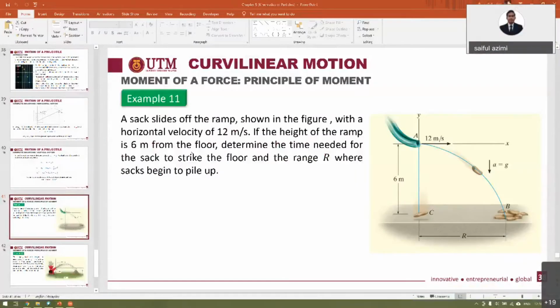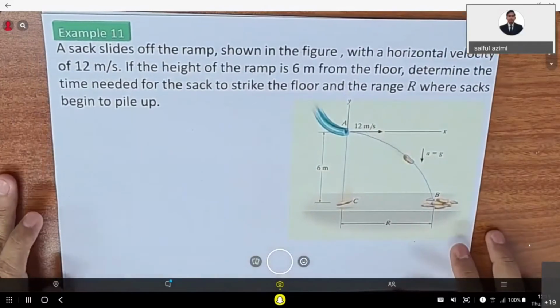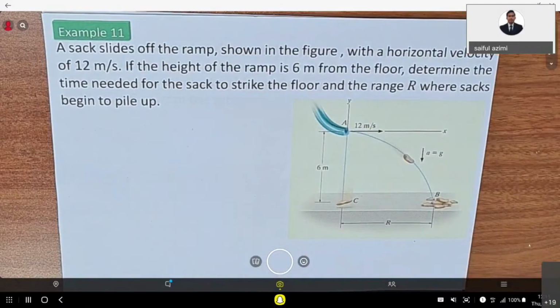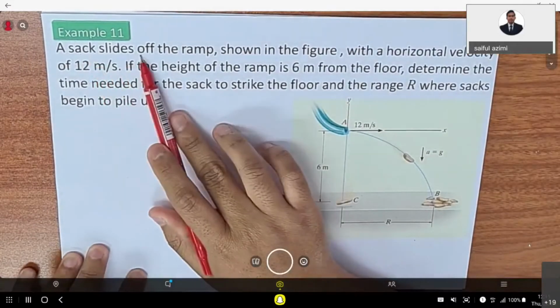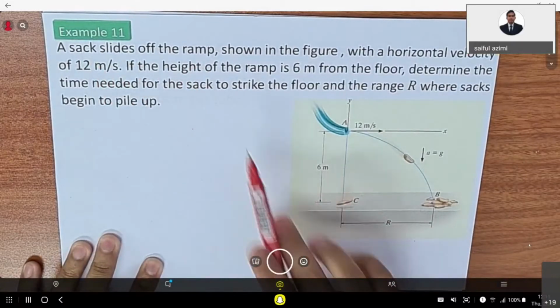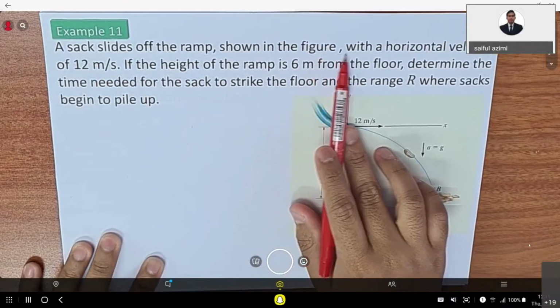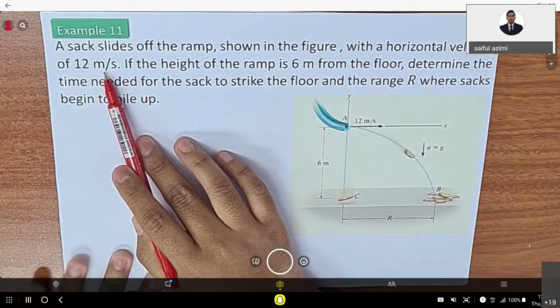Let's take a look at the example here. Example 11. A sack slides off the ramp, shown in the figure, with a horizontal velocity of 12 meters per second.